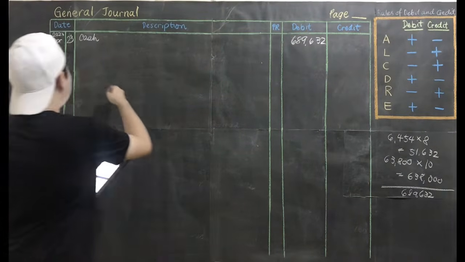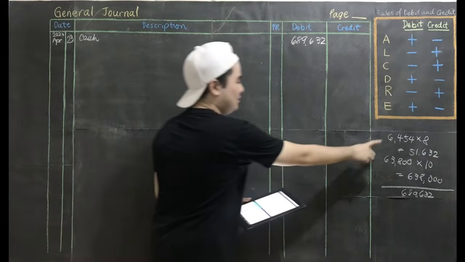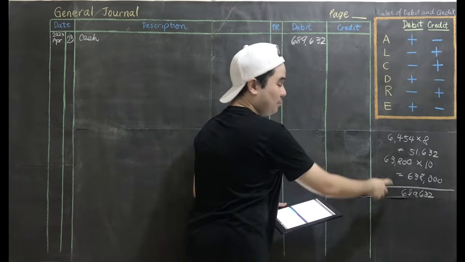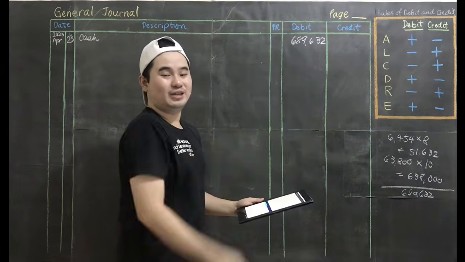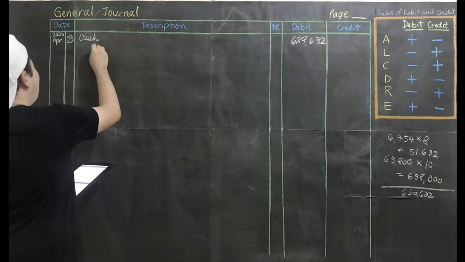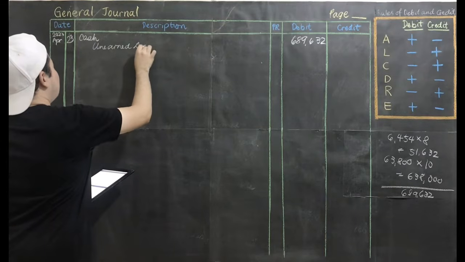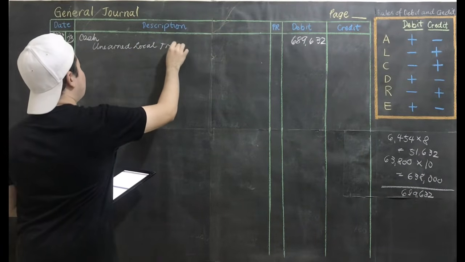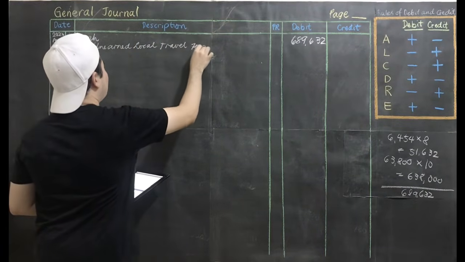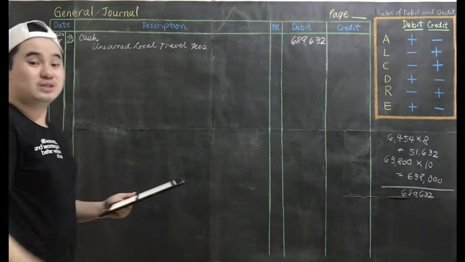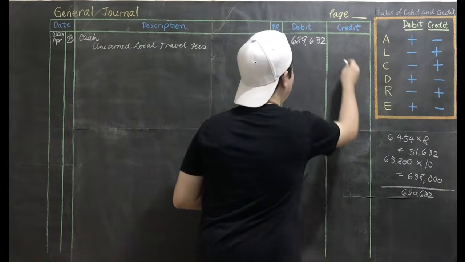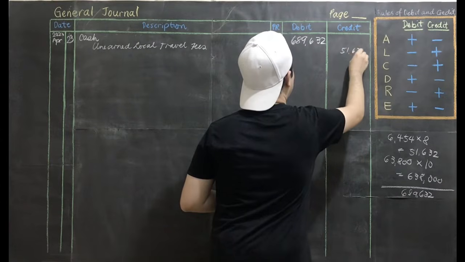So, we will credit isang Cebu, isang Japan. So, isang local, isang international. So, for the first one, we have unearned local travel fees for the Cebu trip, 51,632.